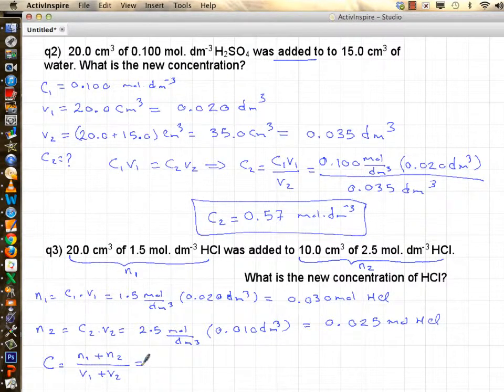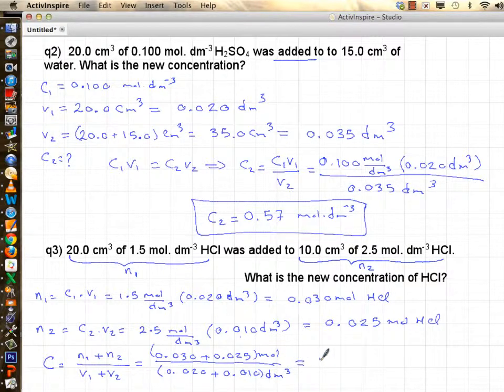Now the concentration, the new concentration, is simply N1 plus N2 divided by volume 1 plus volume 2. So I have 0.030 plus 0.025 moles divided by the total volume of these two solutions, which is 0.02 dm cube plus 0.01 dm cube. So it's 0.020 plus 0.010 decimeter cubed.